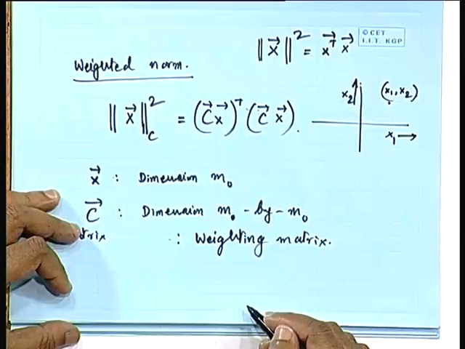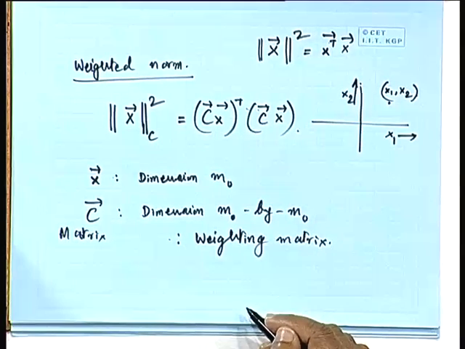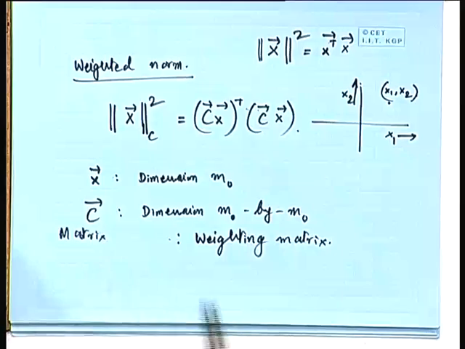Now if we rotate the axis by an angle theta, or if we scale, or apply a translation of the axis, translation, rotation or scaling together, we call that the application of an affine transformation matrix.